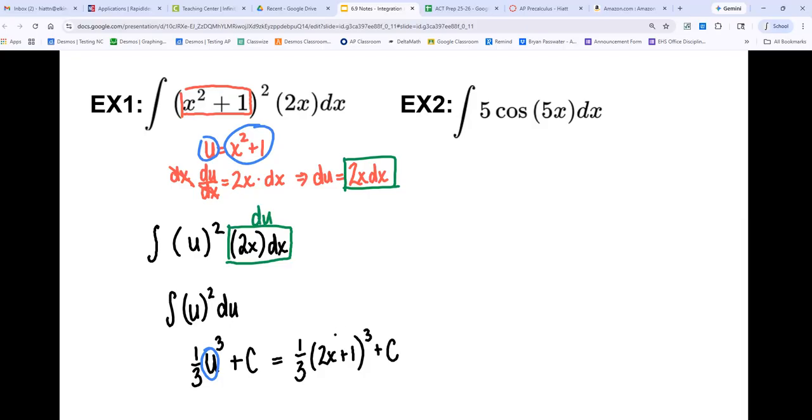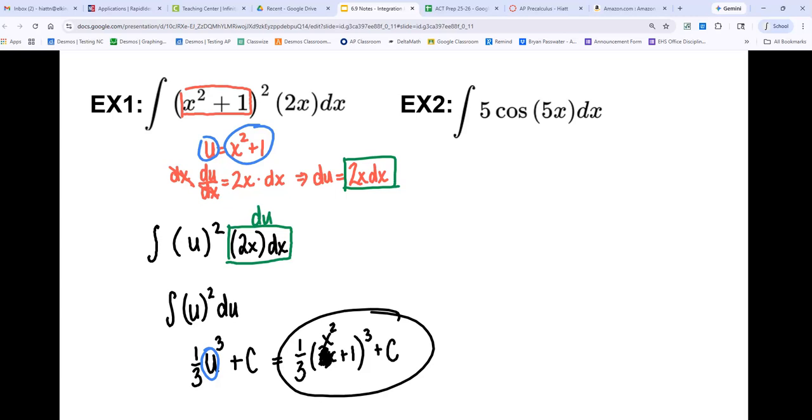Oh, yes. Why did I put a 2x? Gosh, I shouldn't have erased right here. I don't know why I took a derivative there. x squared plus 1. And this is our answer.